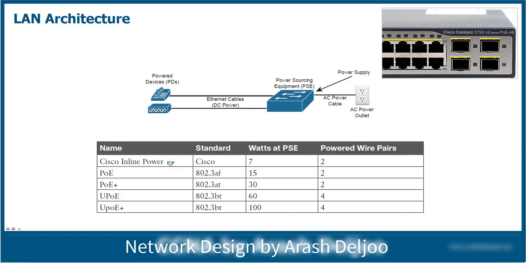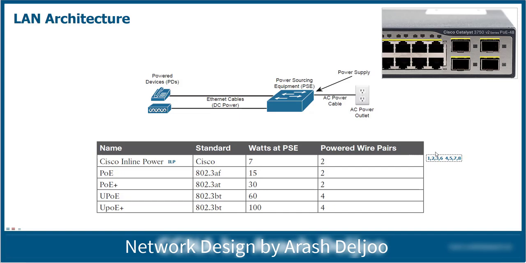In the Cisco ILP version, we are using the Cisco standard. This is Cisco proprietary, and a maximum of 7 watts can be given to one device. We provide this power over 2 wire pairs. In most cases, in an Ethernet cable, in the old days we used pins 1, 2, 3 and 6 for data, and with pins 4, 5, 7 and 8 we can apply the power to the devices.